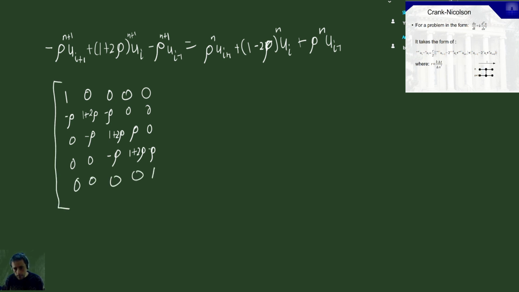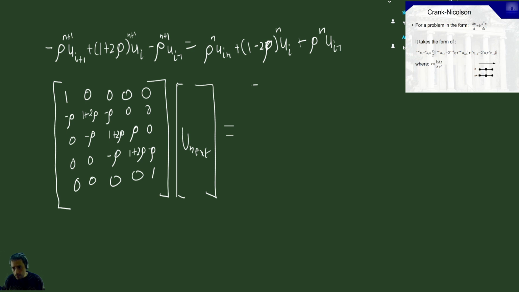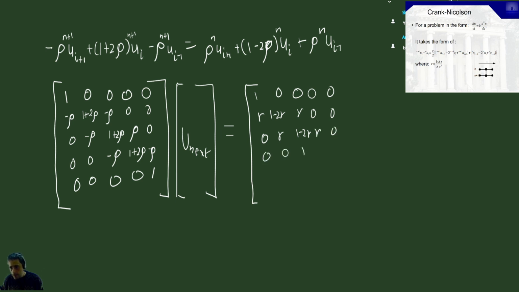Okay, so that's our first matrix times u next. And that's equal to the second matrix, with rows r, 1 minus 2r, r and so on, times u prev.